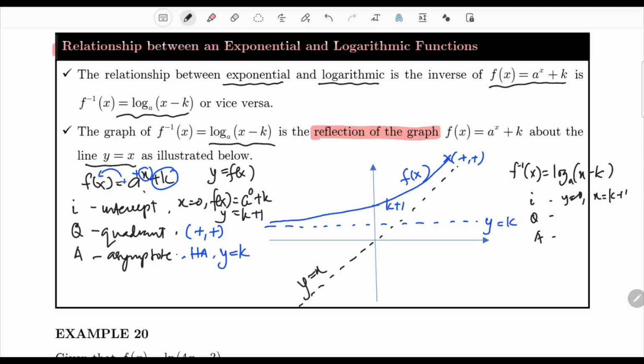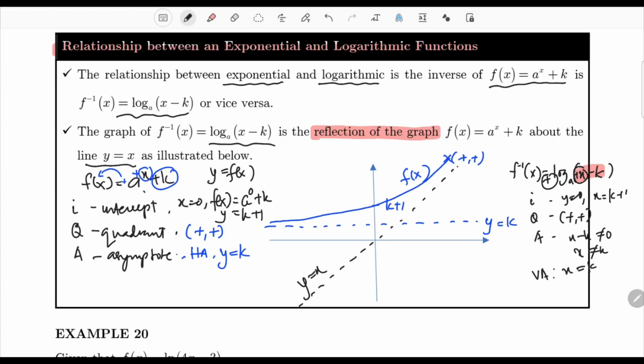Quadrant: again, this is positive, this is also positive. And the asymptote comes from inside the bracket, which is x minus k cannot be 0, so x cannot be k, meaning x equal to k will be the vertical asymptote.